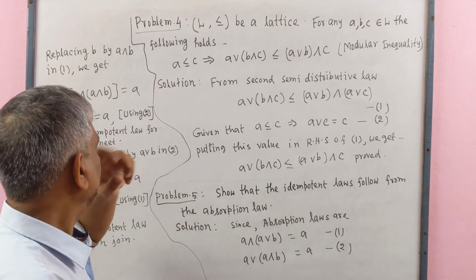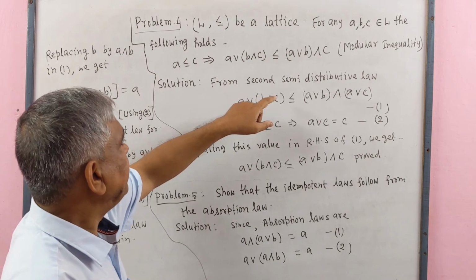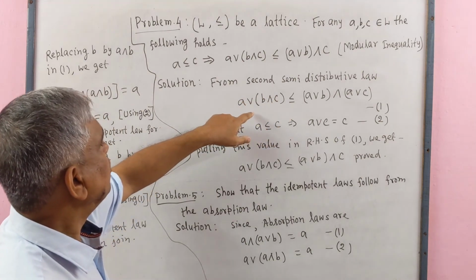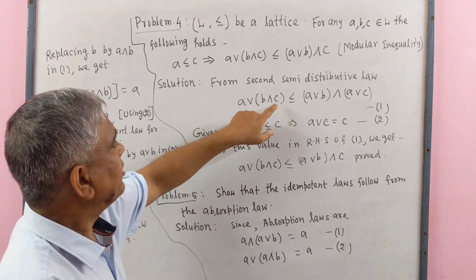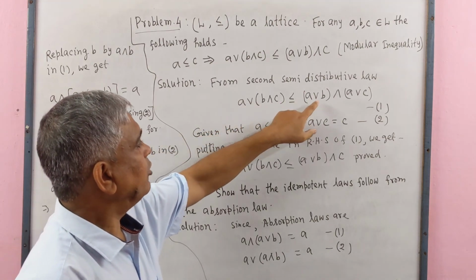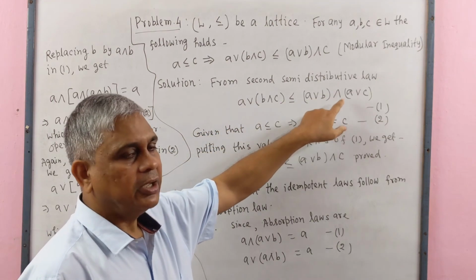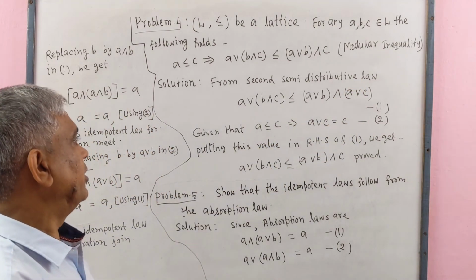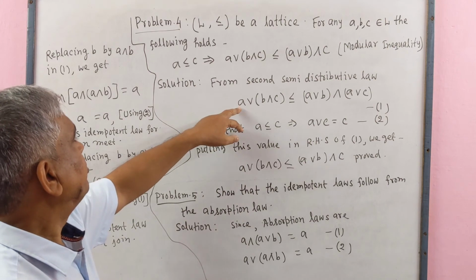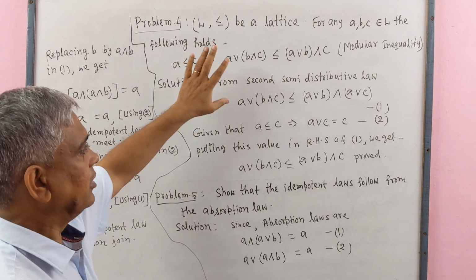Solution. From the second semi-distributive law, we know that A join (B meet C) is less than or equal to (A join B) meet (A join C). This is number 1. We have just proved this in problem number 3.